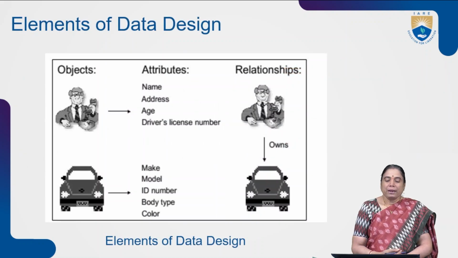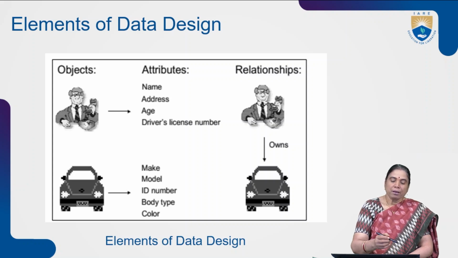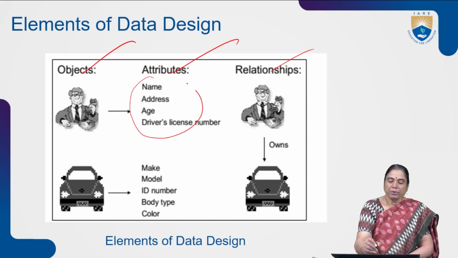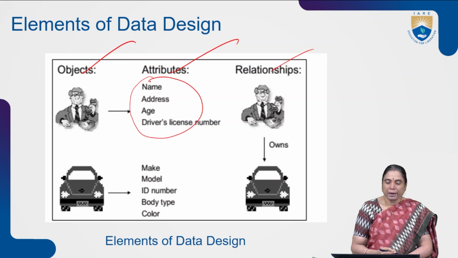The elements of data design concentrate on three elements: one is the objects, second is attributes, and third is the relationships. Objects are used to simulate real-time entities. Attributes are the data upon which these objects can operate, and how the objects can be related is pictorially represented with the relationship.